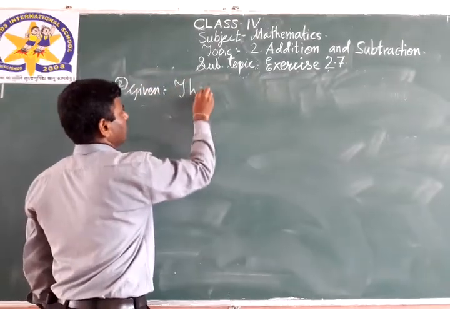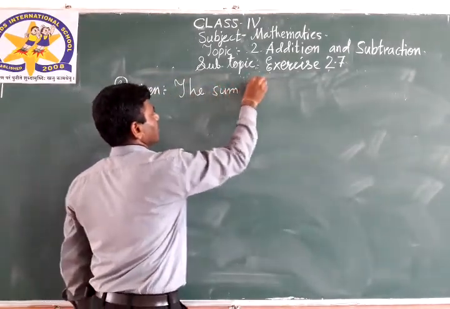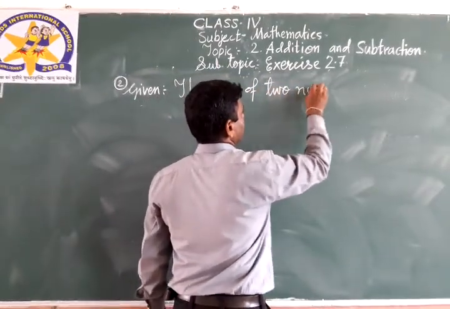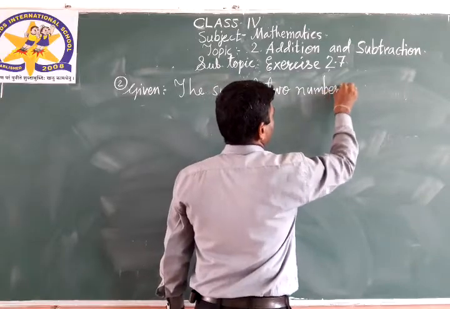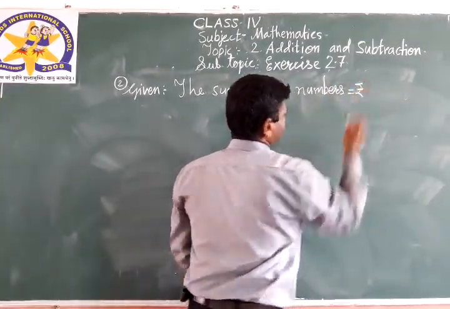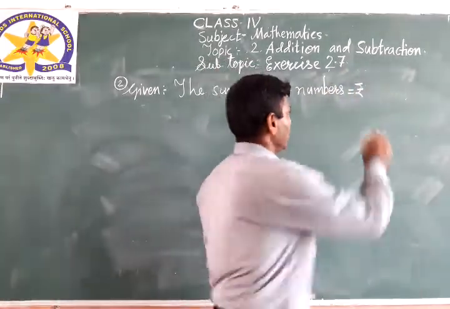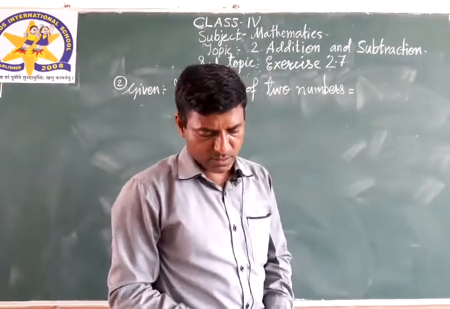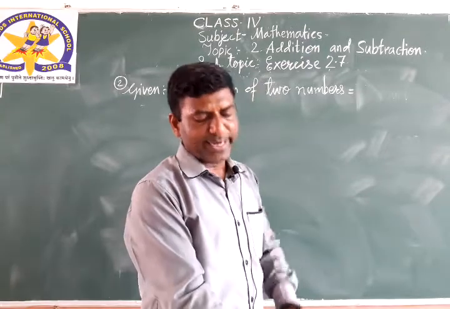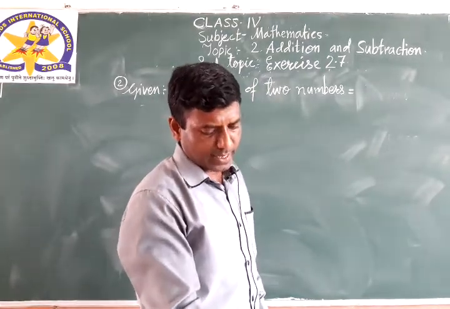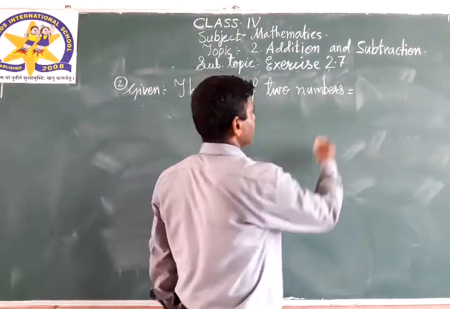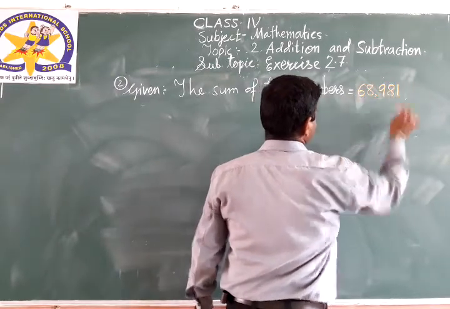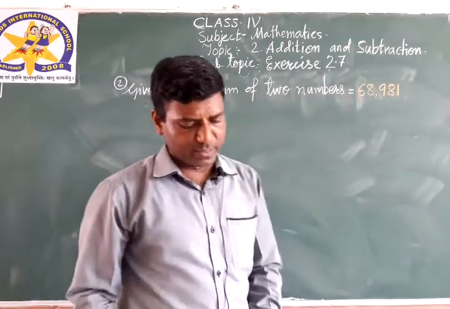The sum of two numbers. What is the sum of two numbers given? Sorry, not rupees. Sum of two numbers, 68,981. 68,981 given. Then what is given?